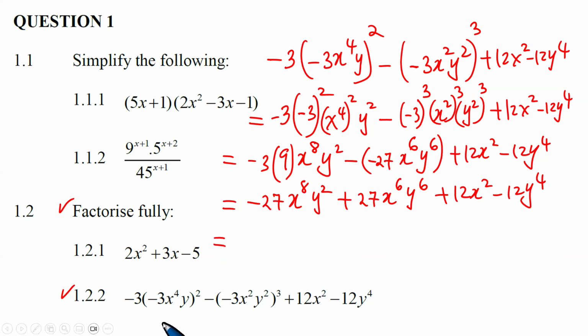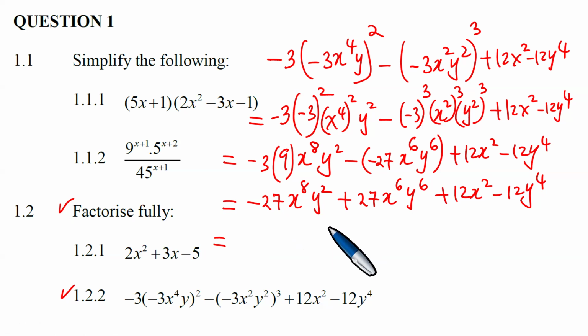And then, what do we do at this point? So we can take out a common factor, a common factor out of all these things.